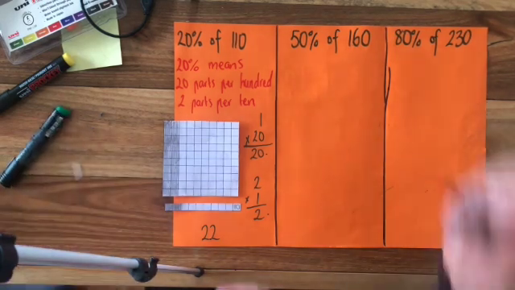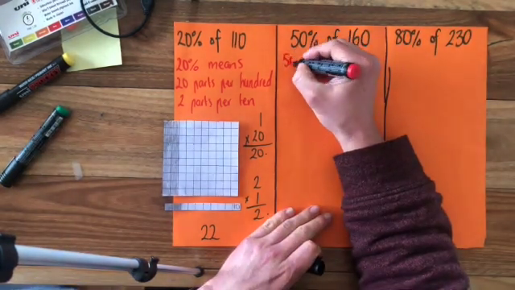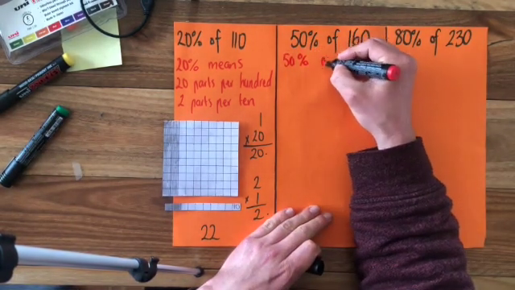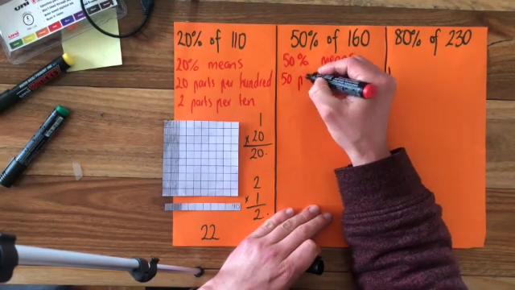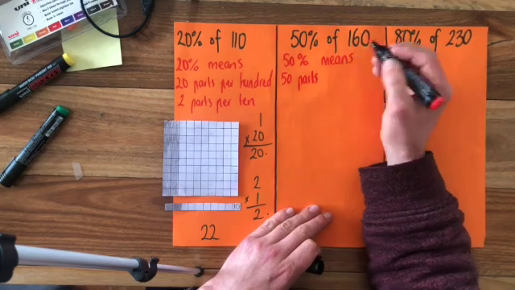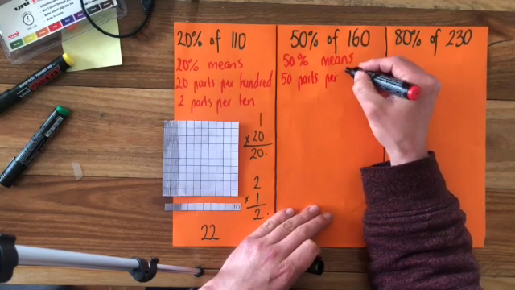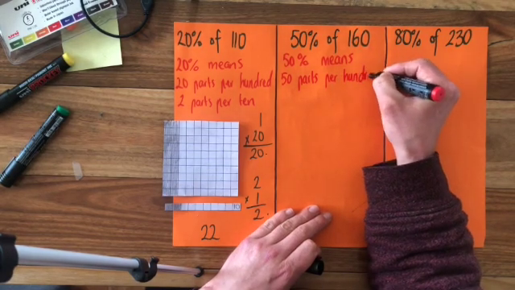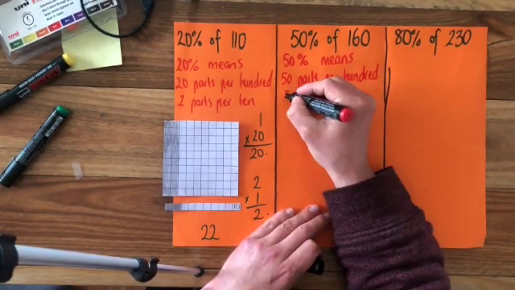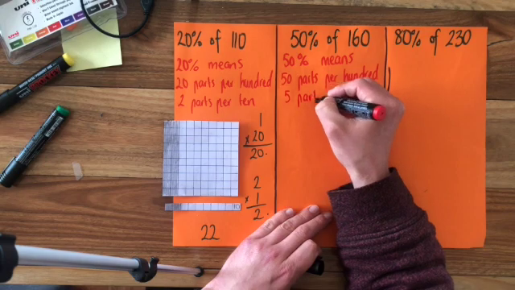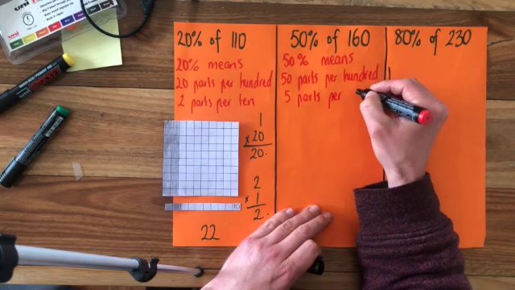So 50% means 50 parts per 100, or for each 100. It also means 5 parts per 10.